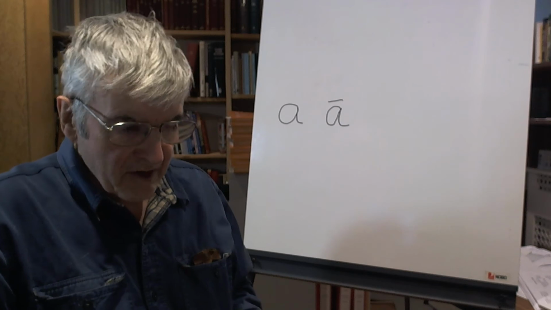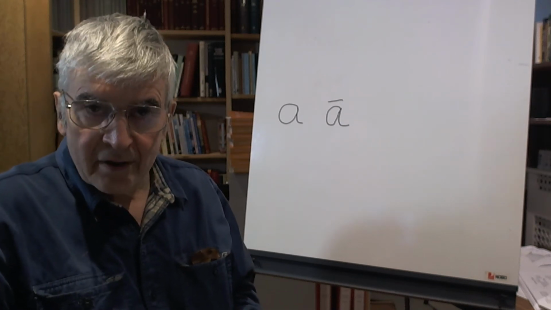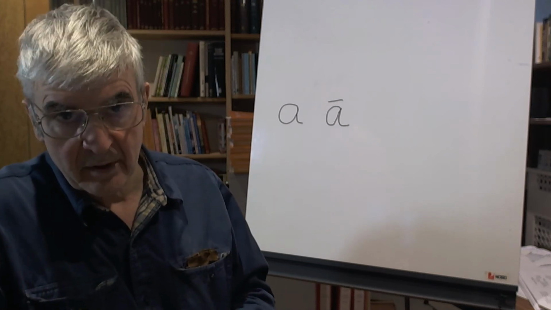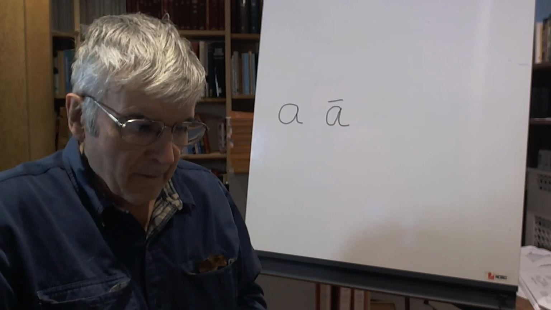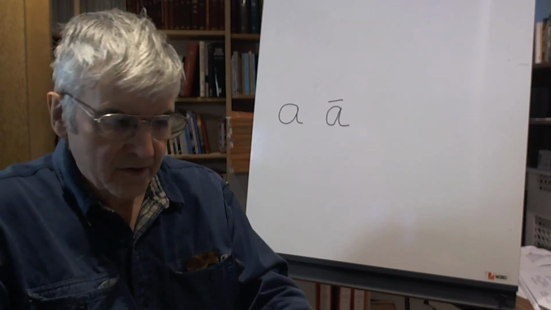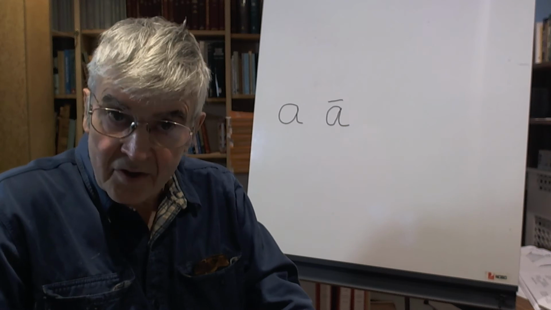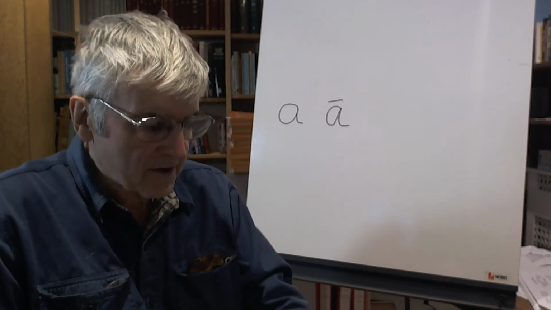In fact, Latin did have a short a and a long a, but it didn't distinguish between them in writing. That was done later. You do find edited texts in Latin that do distinguish between them, but it's not original. That's why you have to add an extra sign to the letter.